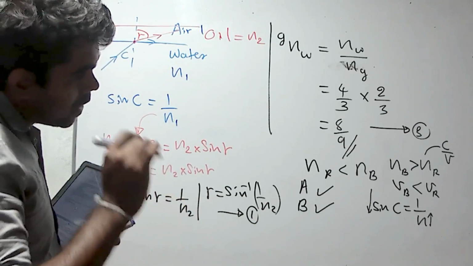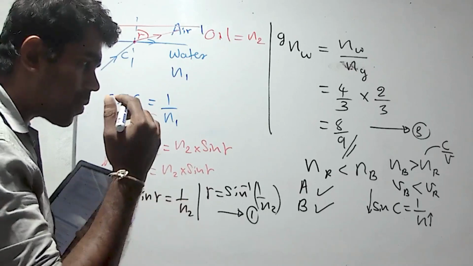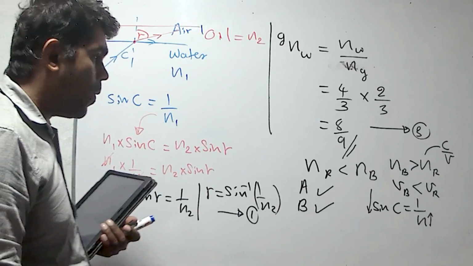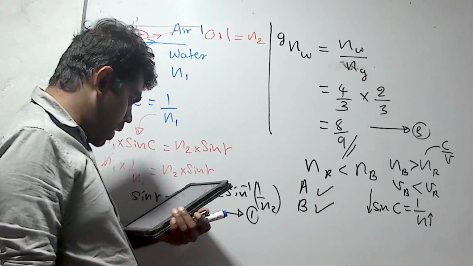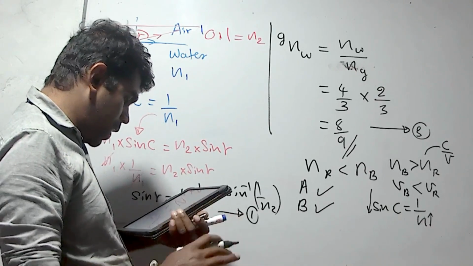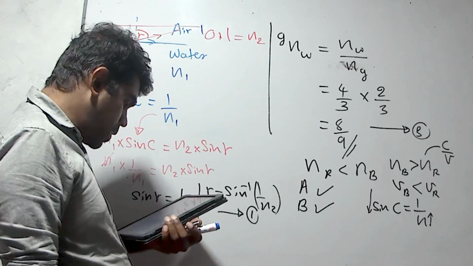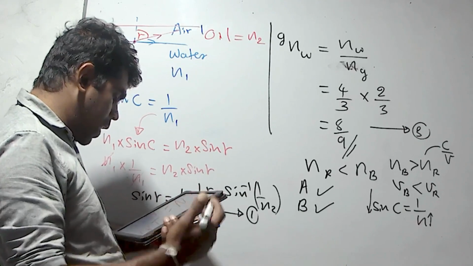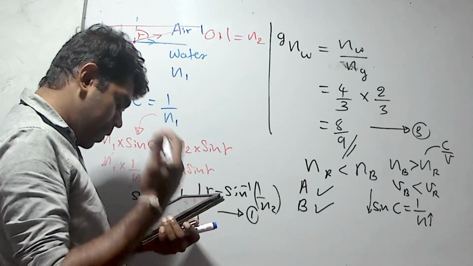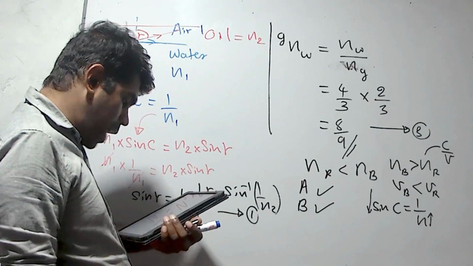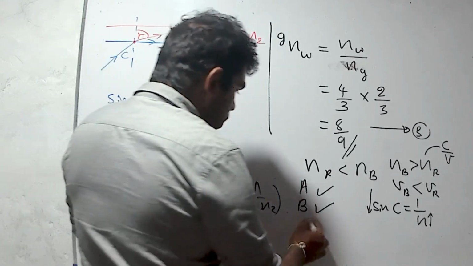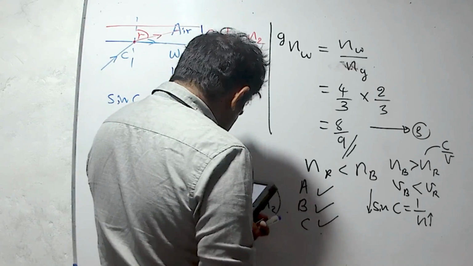When the sin value is decreasing, the C value also decreases. Therefore, the critical angle of blue light is less than the critical angle of red light. They have given that the critical angle of red light is greater than that of blue light. Then C is also correct. All ABC are true.